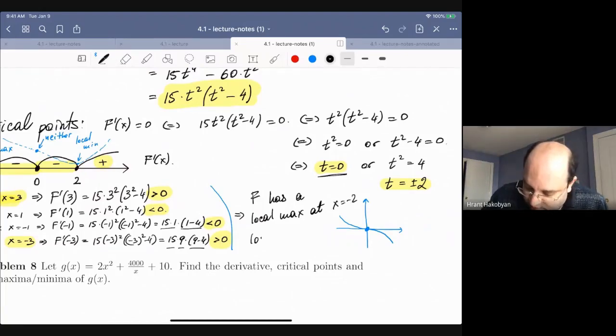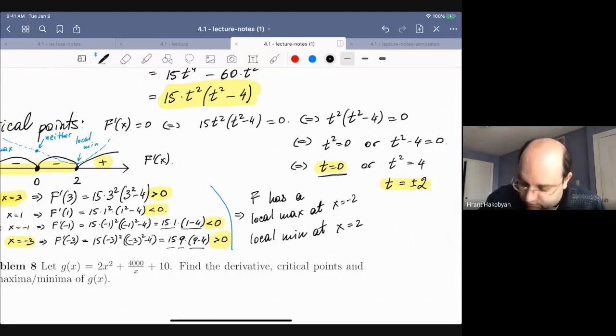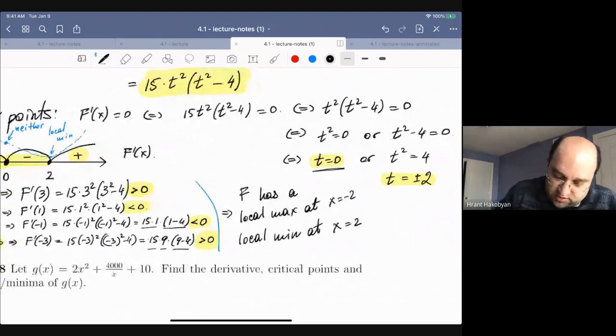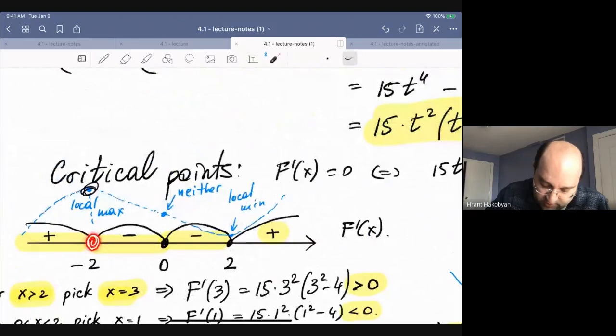And it has a local minimum at x equals 2. Right? So just like in the picture here. At this point here, it goes from positive to negative. So that means I have a local maximum. And at this point, it goes from negative to positive. So it has a minimum there.